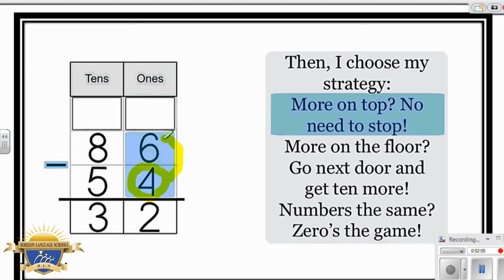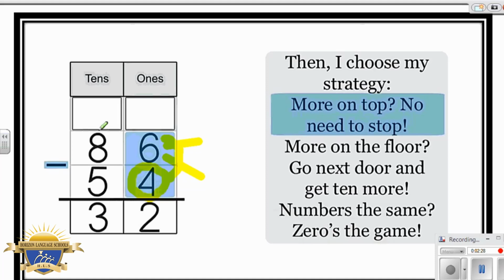So count after 4 till we reach 6. After 4, 5, 6. I count 2 steps. So 6 minus 4 equals 2. Excellent.